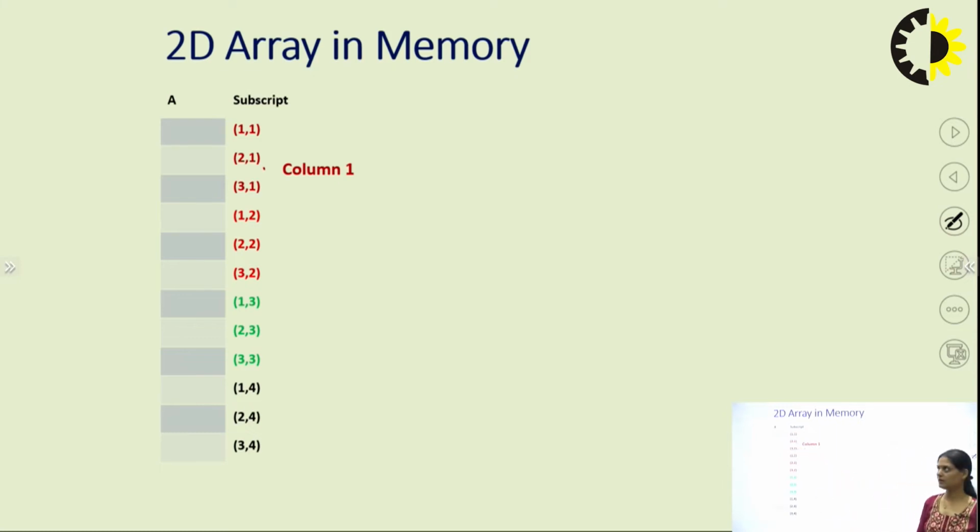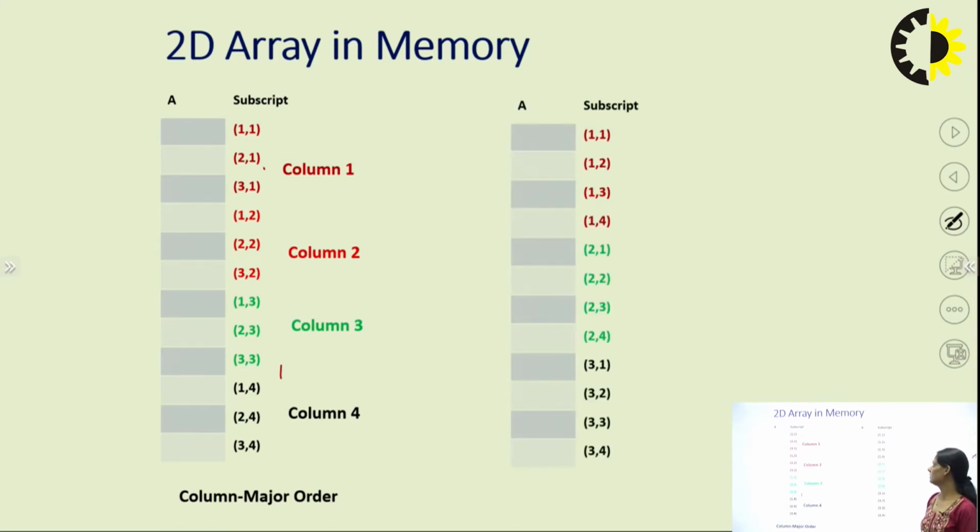It means that the column is the first in all three, but the row is changing: first row, second row, third row, with first column, first column, first column. So we have filled the elements column by column. We fill column 1 first, thereafter column 2, then column 3, then column 4, like this. So this is called column major order.